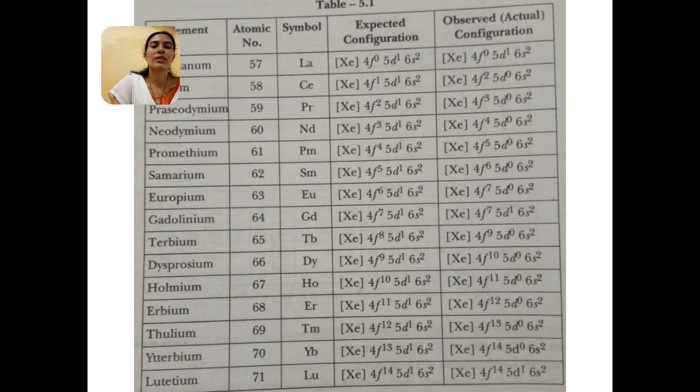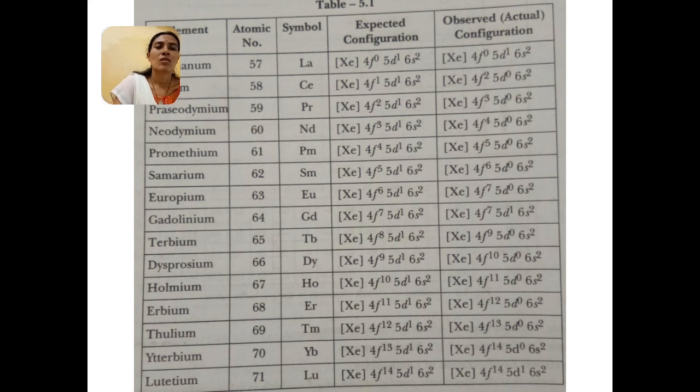This is the general electronic configuration for the lanthanides: elements, atomic number, symbol, their expected configuration and their observed or actual electronic configuration. Starting with lanthanum having atomic number 57, symbol is La. Xenon is there. Xenon is the element from the stable electronic configuration of noble gas from the same period having atomic number 54.